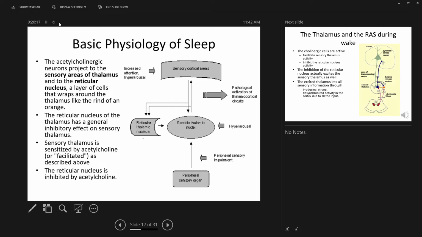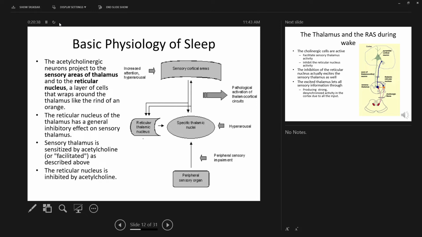In this situation, the reticular nucleus of the thalamus has a general inhibitory effect on the sensory thalamus. So when it's active, it's inhibiting the thalamus. So when it's active, it's not allowing signals to go through the thalamus, which means we're asleep.